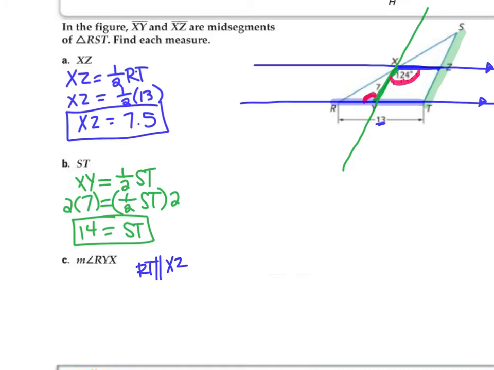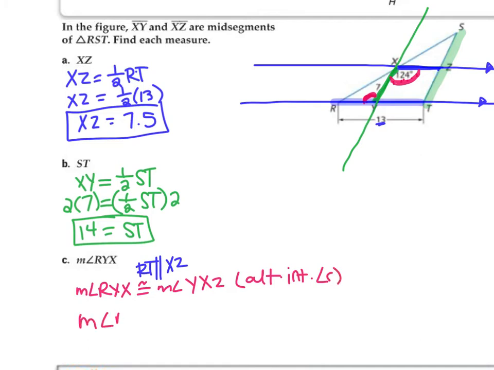So let's make a note of that: the measure of angle RYX has to be congruent to the measure of angle YXZ because they are alternate interior angles. Okay, so that means that RYX will be equal to 124 degrees.